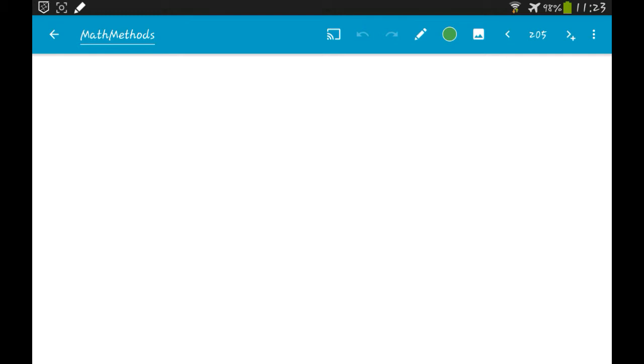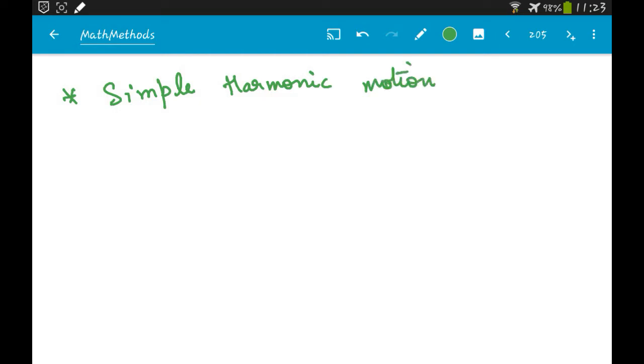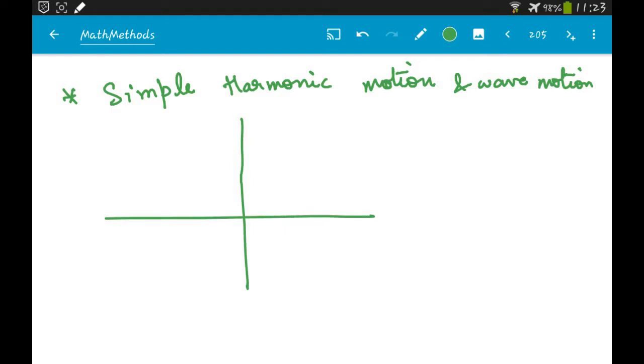Alright, so let's begin. Let's first consider a simple harmonic motion and wave motion. Let us first draw a circle, and then I'll explain why I'm drawing a circle.